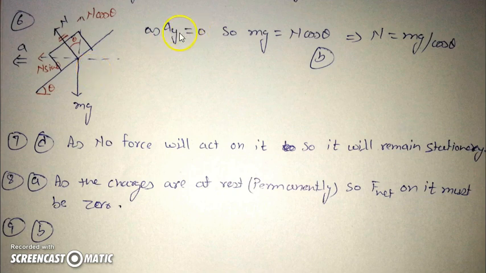Because the block is not moving down the incline, it maintains a constant height, so no y displacement, no y velocity and no y acceleration. So the forces in the y direction will balance each other. One force is mg and another force is N cos theta, the component of N in the y direction, so both will cancel.